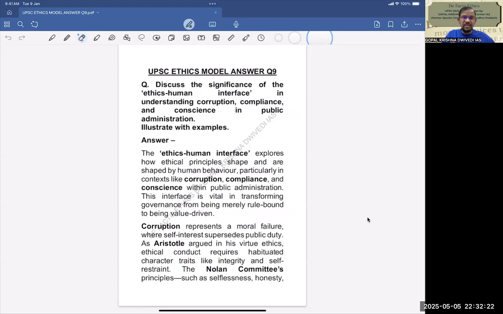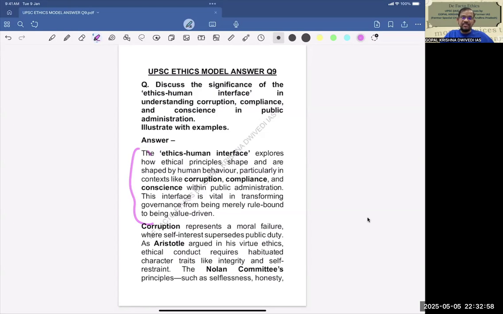Now see, the first paragraph is a little introduction: what is meant by ethics, human interface, and how it is related with corruption, compliance, and conscience. The ethics human interface explores how ethical principles shape and are shaped by human behavior, particularly in the context of corruption, compliance, and conscience within public administration.